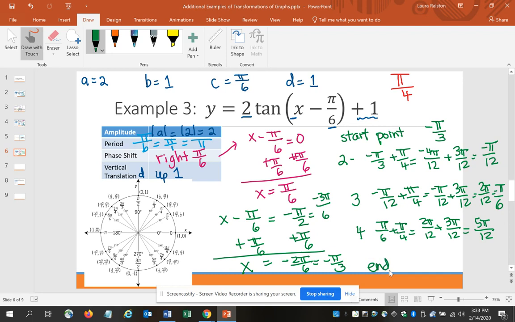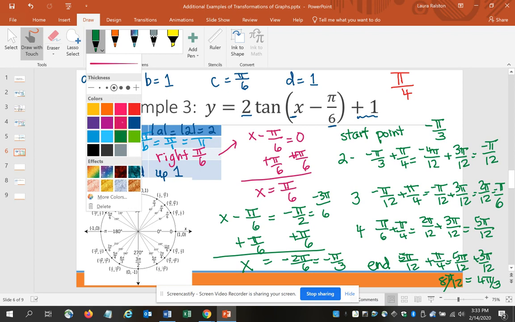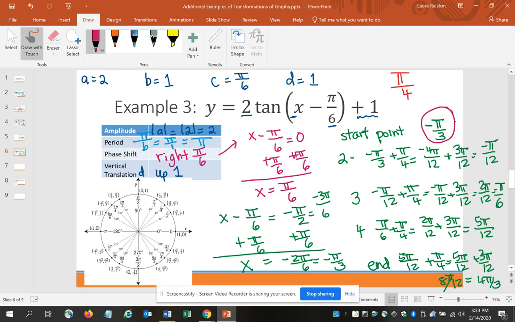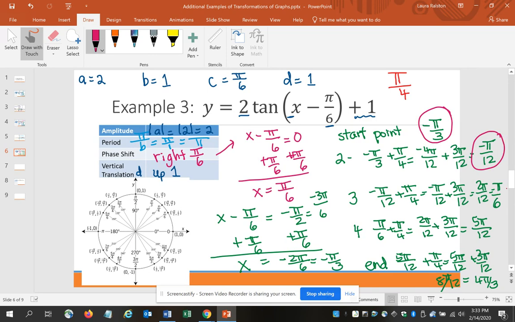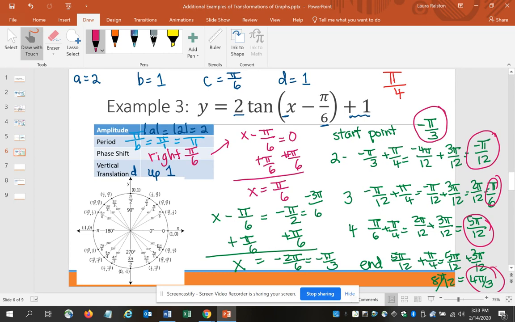And then our end point is going to be 5 pi twelfths plus pi fourths, which is 5 pi twelfths plus 3 pi twelfths, or 8 pi twelfths, which simplifies to 2 pi thirds. Okay, so this one's a little bit trickier. The points that we're going to use are negative pi thirds, negative pi twelfths, pi sixth, 5 pi twelfths, and 2 pi thirds. And again, that gets a little wonky.